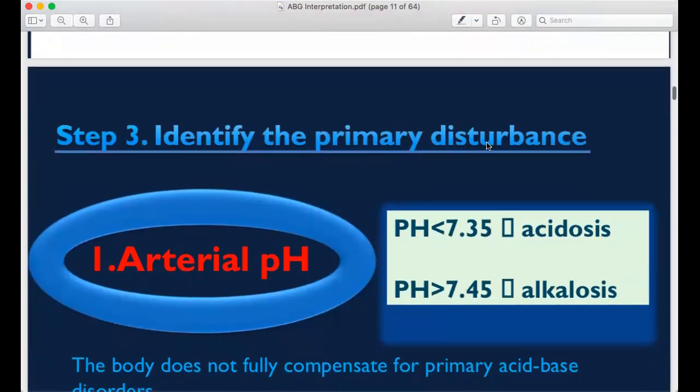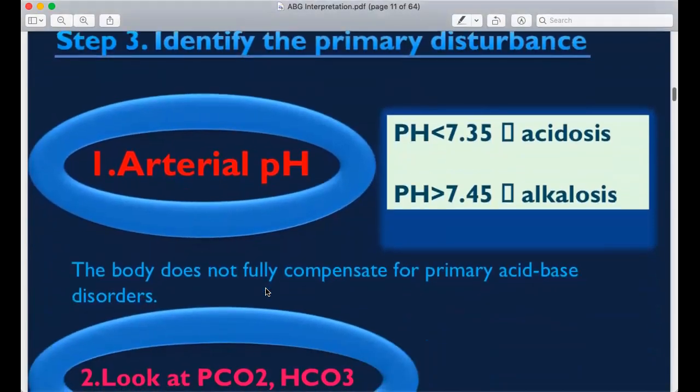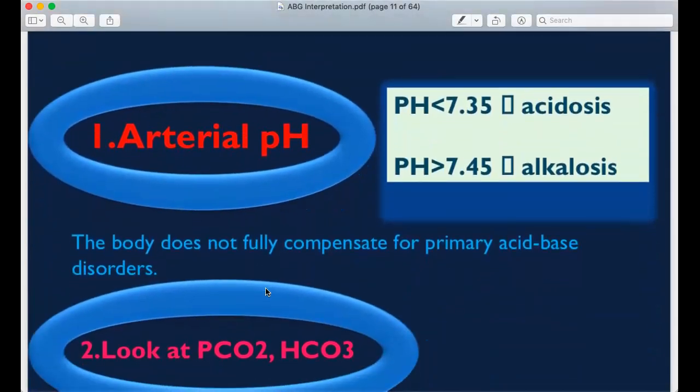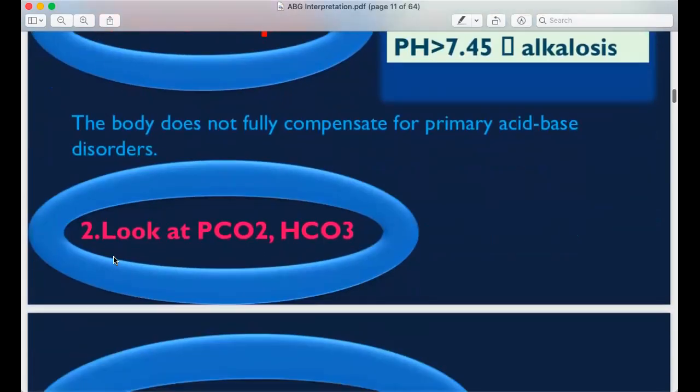Now, identifying the primary disturbances. By getting the arterial pH, we are going to look for two things: the pH, and then partial carbon dioxide and HCO3. pH less than 7.35 or more than 7.45 can lead you toward acidosis or alkalosis. The body does not fully compensate for the primary acid-base disturbances.